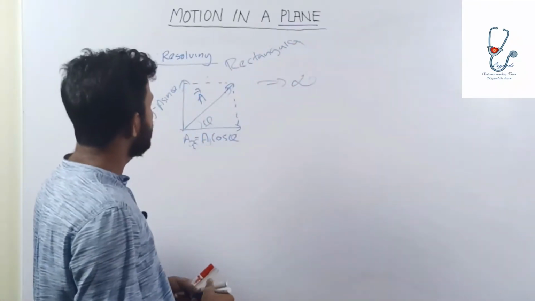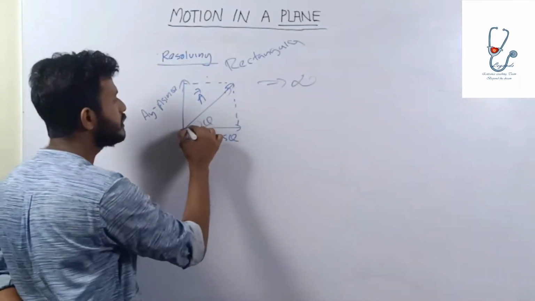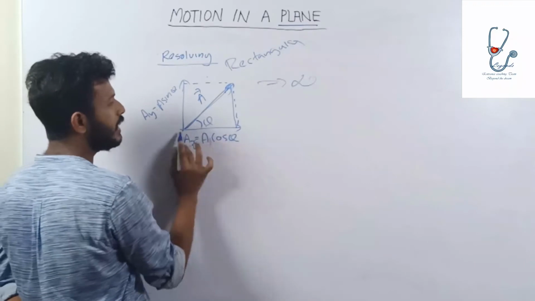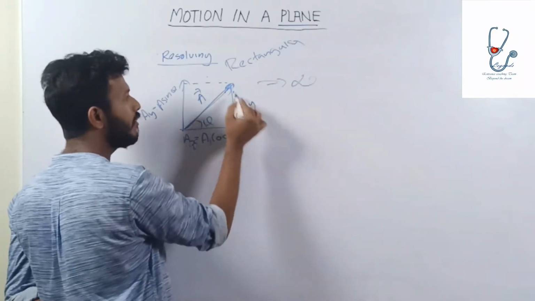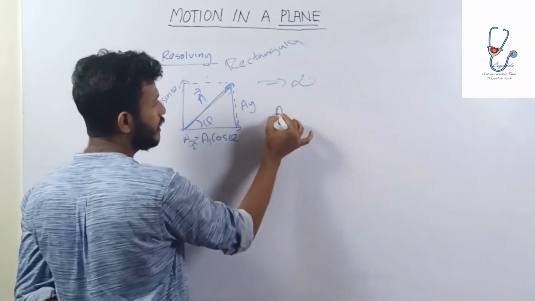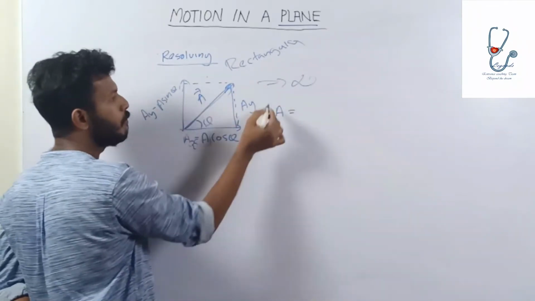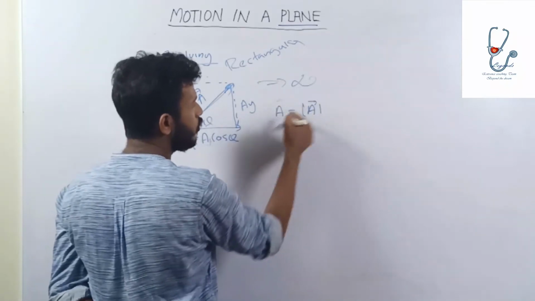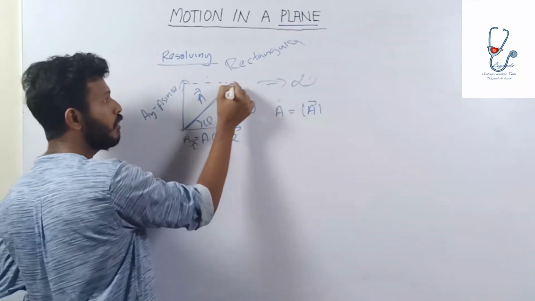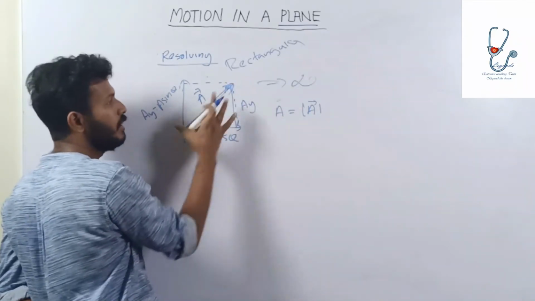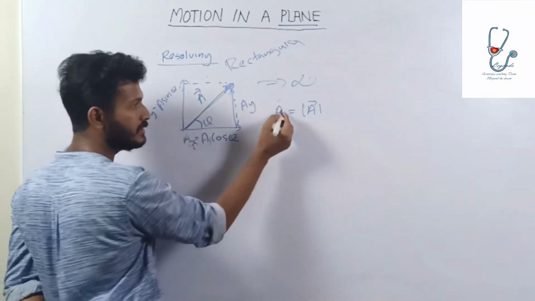Here, this is a right angle triangle and this is theta. If this is Ax and this is Ay, what is A? Modulus of vector A is called A. That means not considering the head, only considering the tail.